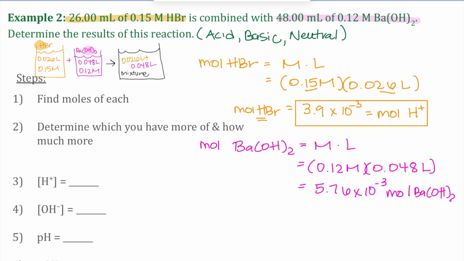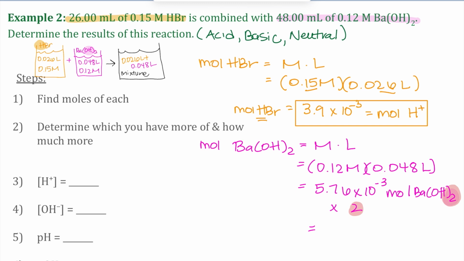But with our bases, we have 2 moles of OH that are going to break off for every mole of our compound. So we do need to take that 2 into account and multiply this by 2 in order to figure out our moles of hydroxide.